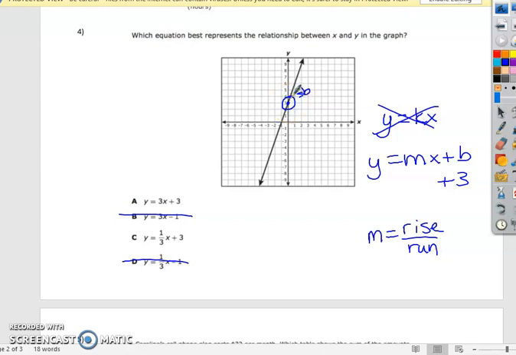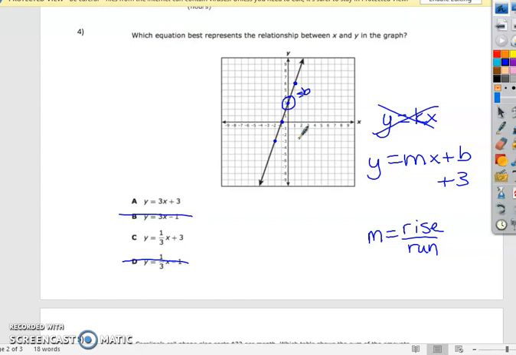I want it exactly on a point. So this looks like a point there. That looks like one there. So you're going to put it in exactly where it crosses, on the corners of the grid.